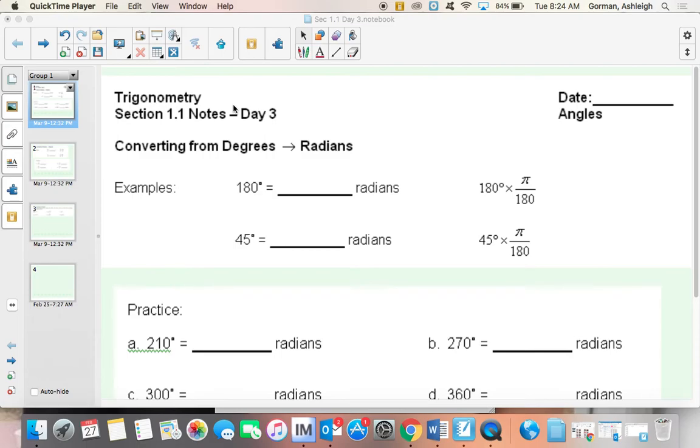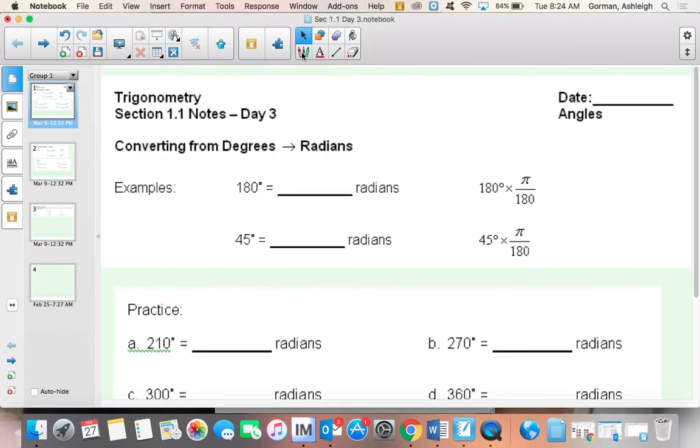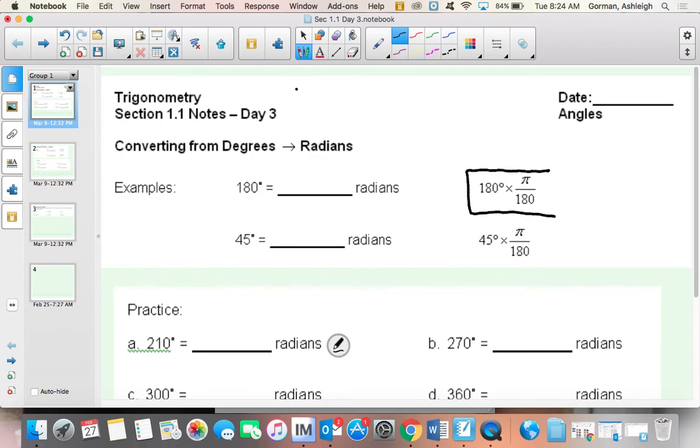Okay? So, if I'm looking to convert 180 degrees into radians, my formula is that I'm going to multiply my degrees by pi over 180. That is the conversion to go from degrees to radians.